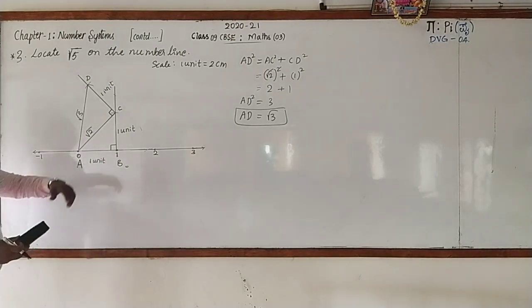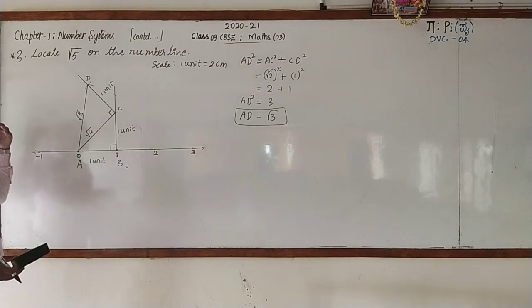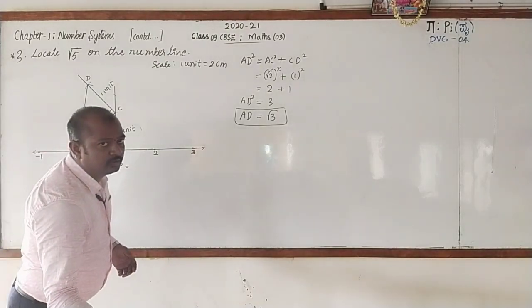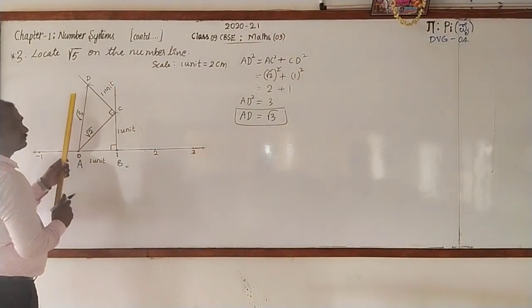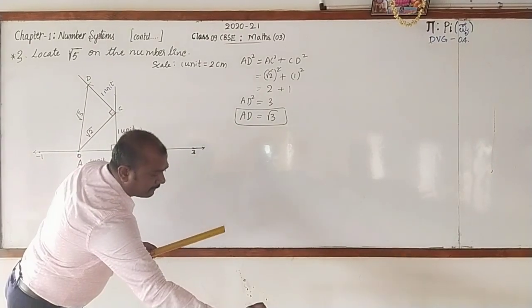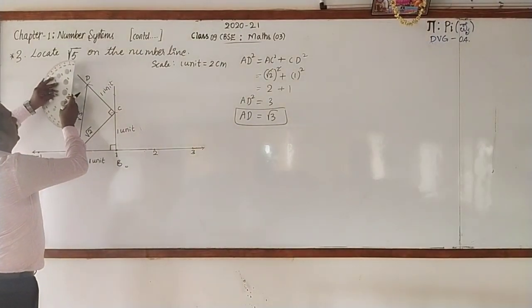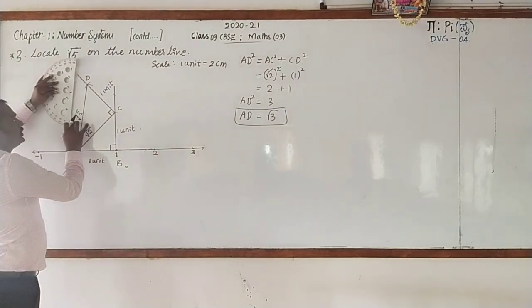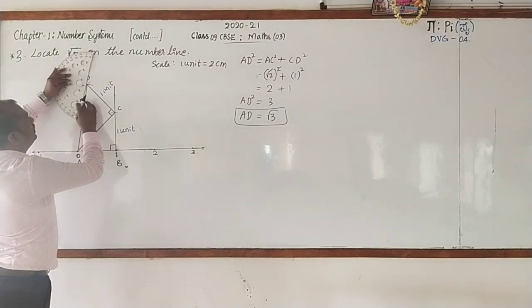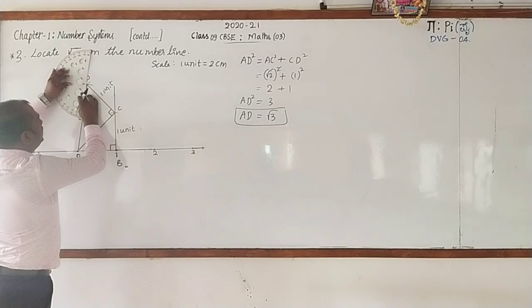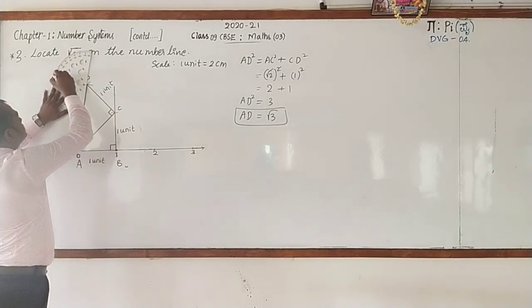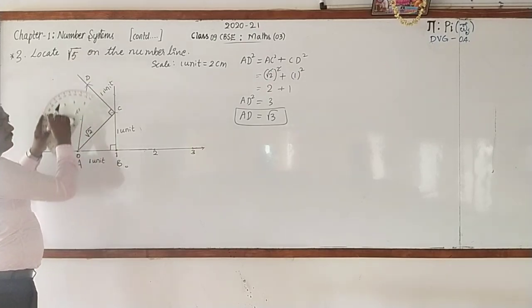Now, to get root 5, it should be continued. Now I am going to continue this. Again, at D, see that root 2 is over, root 3 is over. Next, root 4. At D, mark 90 degrees.